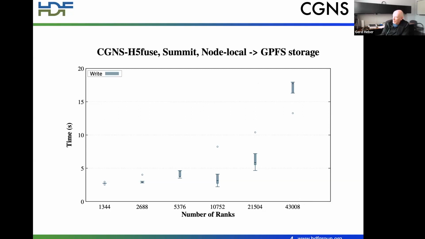And what's the relationship between ranks and nodes here? How many nodes did you have for these rank counts? Let me see. It went up to 1,024. 1,024 nodes was the largest.